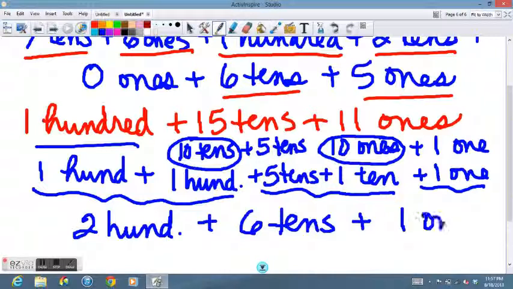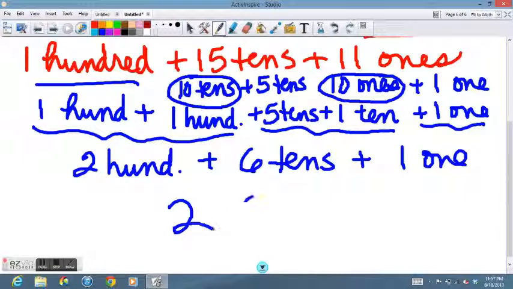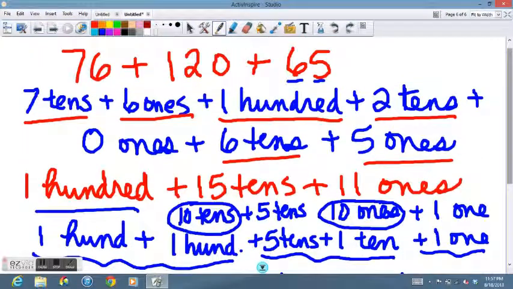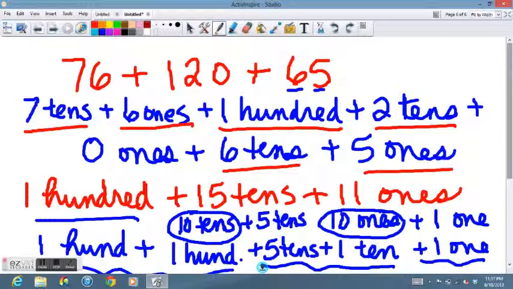So what number is that? Well, that's 261. Same answer we got before, but this is doing it by looking at place values. Alright? And so, in other words, you can add all your hundreds together, all your tens together, and all your ones together, and then get your answer that way.